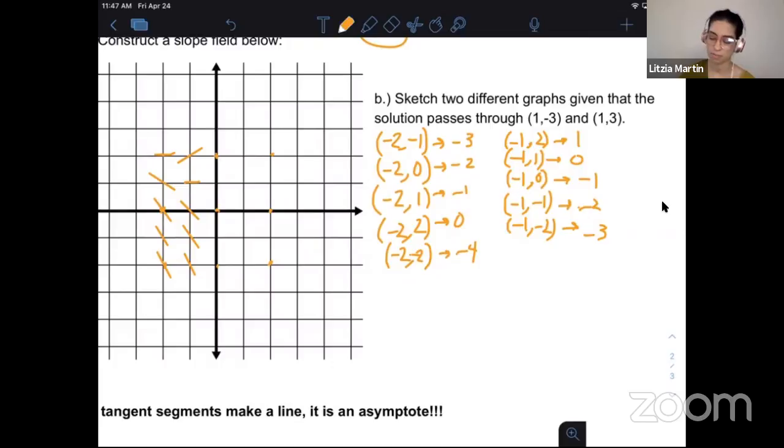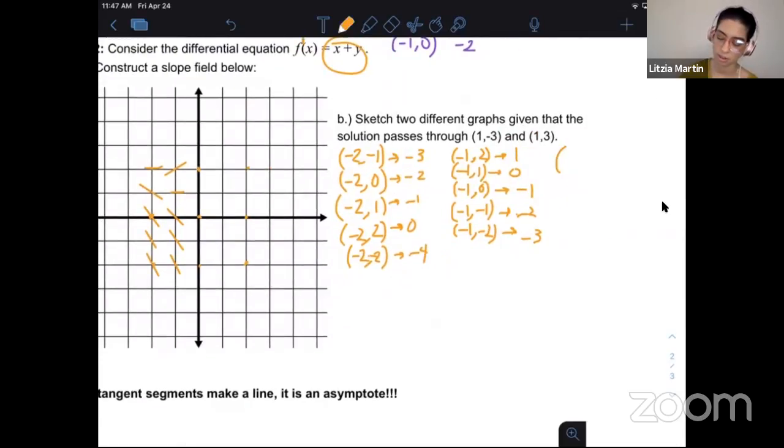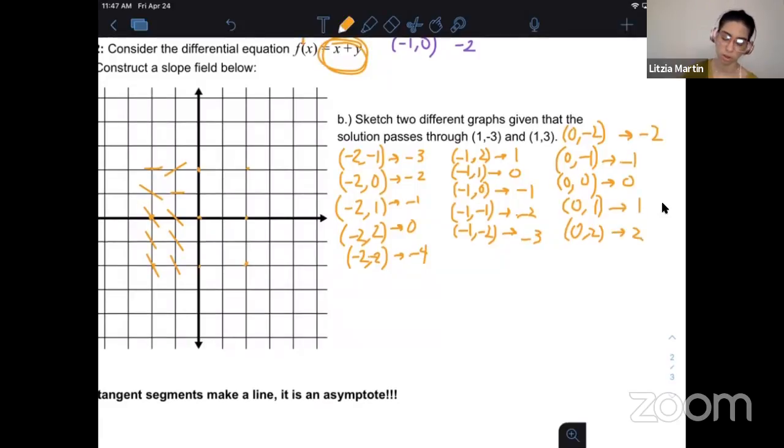Then the next one. I know this feels repetitive, but it's part of the process. Oh, I keep doing all of these out of order. 0, -2, 0, -1, 0, 0, 0, 1, 0, 2. Okay, plug in here. That's going to give us -2, -1, 0, 1, and 2.